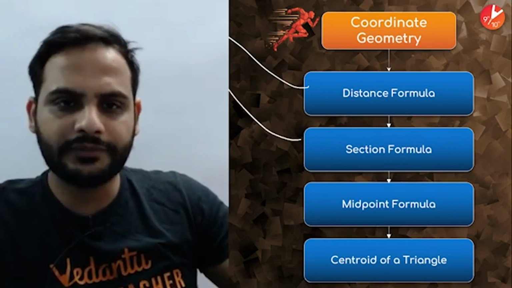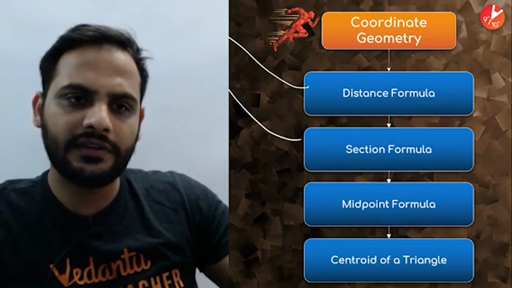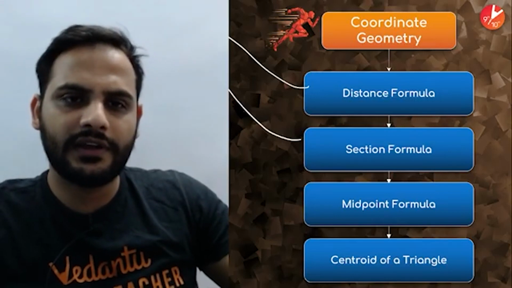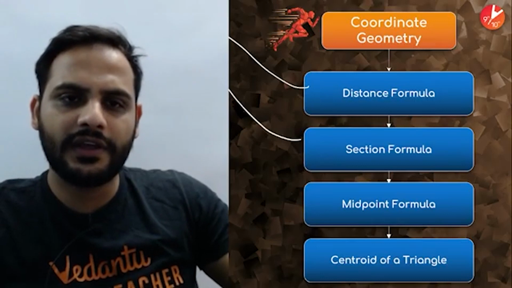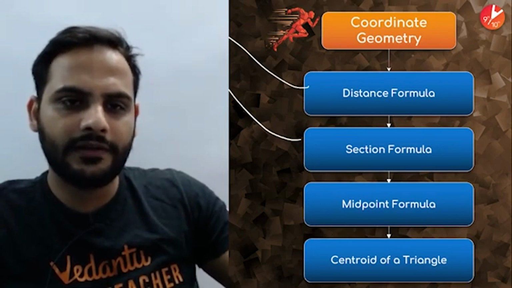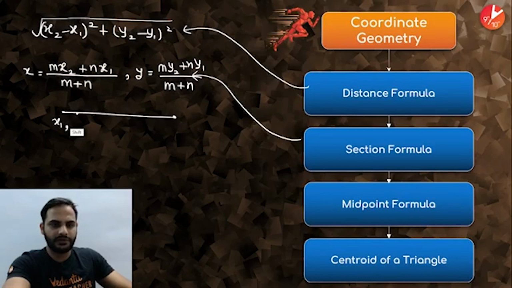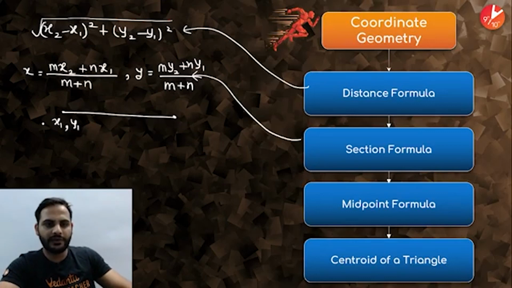Then section formula is m into x2 plus n into x1 divided by m plus n will be the x coordinate, and y coordinate will be m into y2 plus n into y1 divided by m plus n, where one point is x1 comma y1, the other point is x2 comma y2.